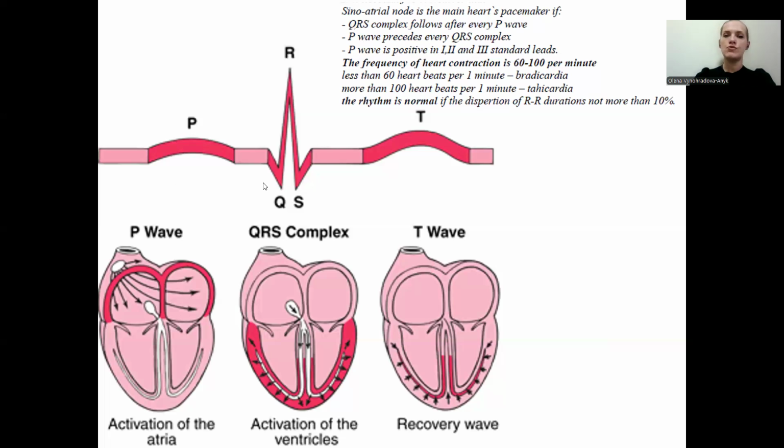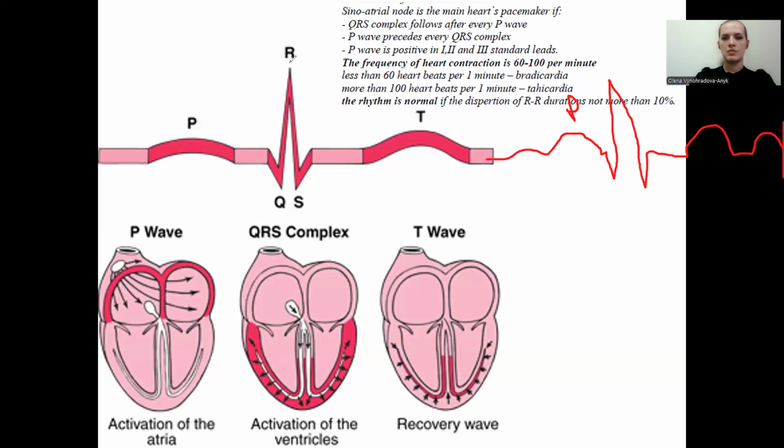Also important for us is the frequency of heart contraction. If I draw for you a continuation of ECG, we will again have P, Q, R, S, and a new T, and again new P, Q, R, S, and so on. Why am I drawing this?